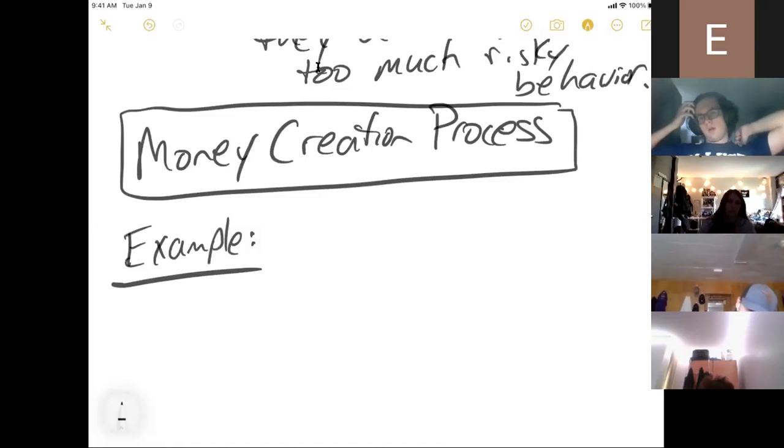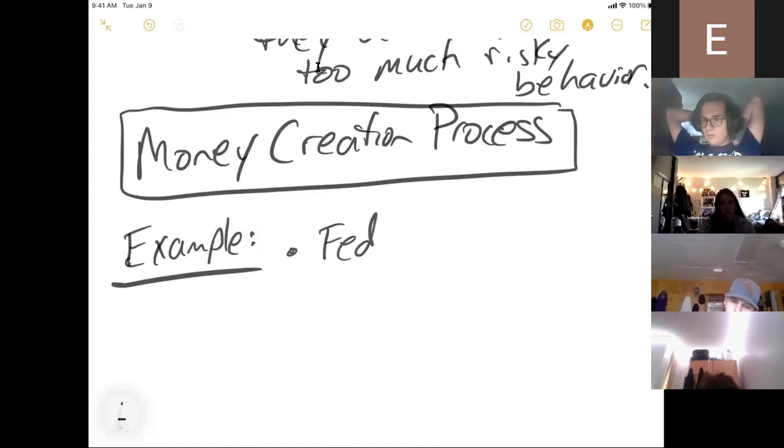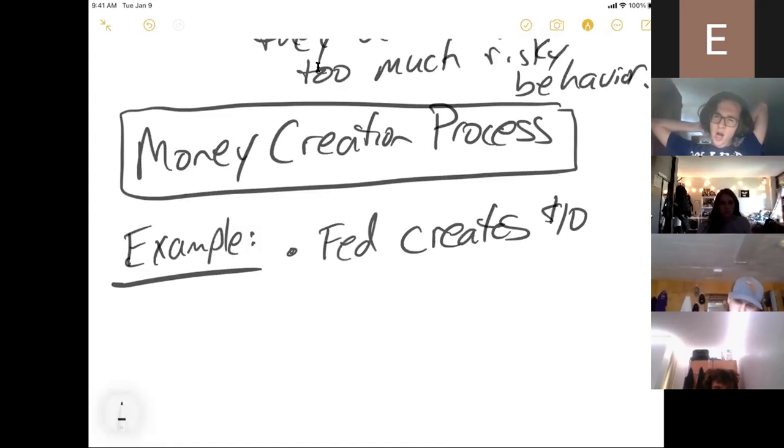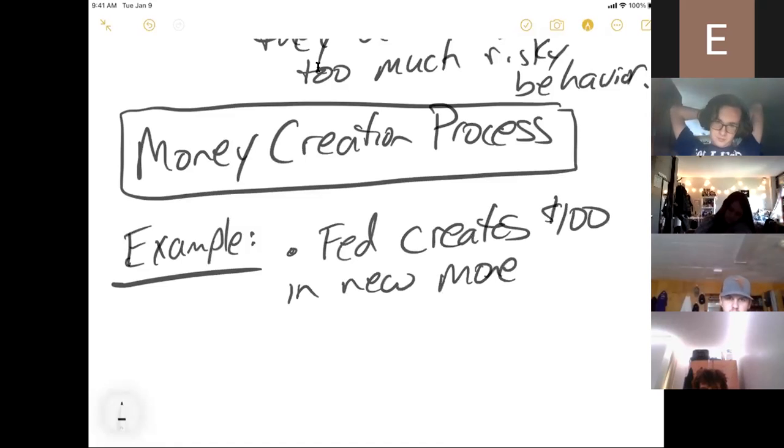Okay, so in this simple example, let's assume that the Fed creates $100 in new money. We're going to talk about how exactly the Fed does this. But let's talk about this example where the Fed creates $100 in new money.